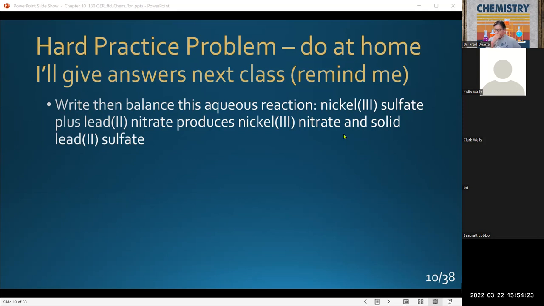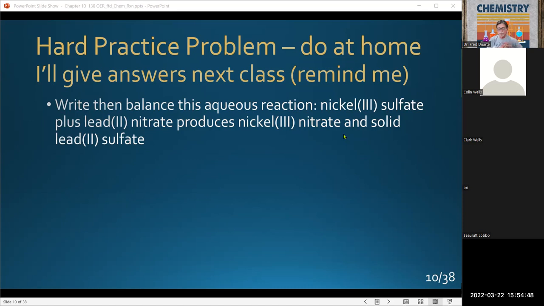We just talked about acid-base reactions, and then we talked about combustion reactions, and this is the third type. We're going to combine all of them here pretty soon, but we're introducing them a little bit at a time. Here, it's asking you to write and balance this aqueous reaction.